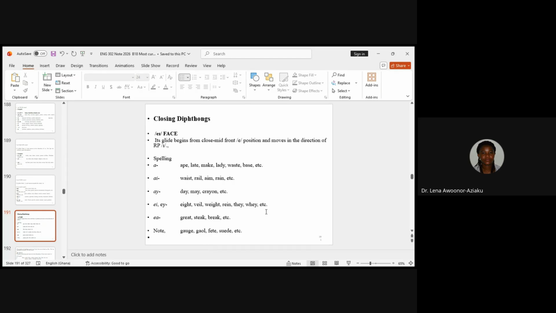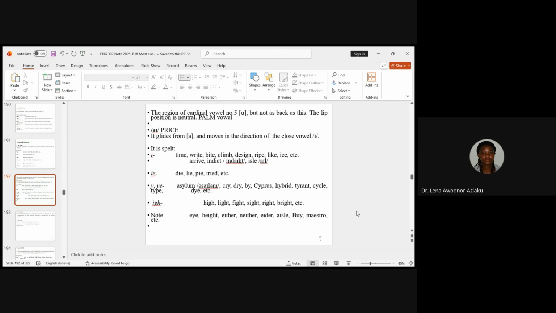But monophthongization is not Ghanaian English alone. It's non-native English. It's common. So you lay the waist, not waist. Your waist, rail, aim. What are you aiming at? You aim at something. You have your day, eight, veil. Then you have gauge or gale, fate, said.